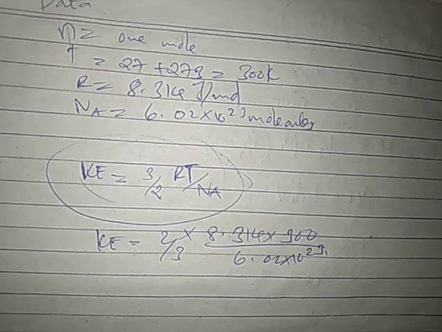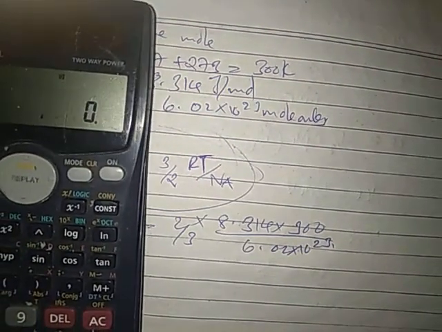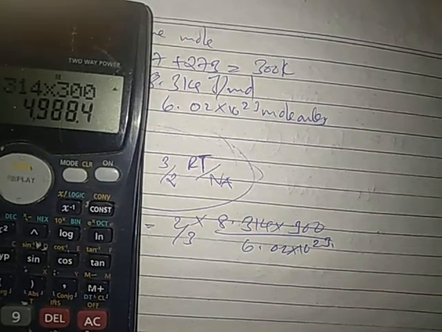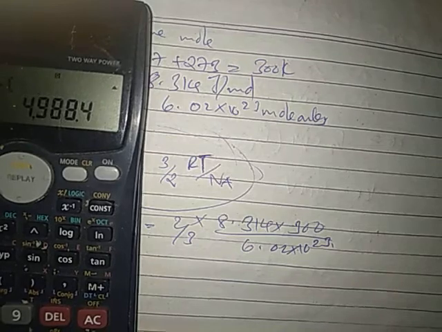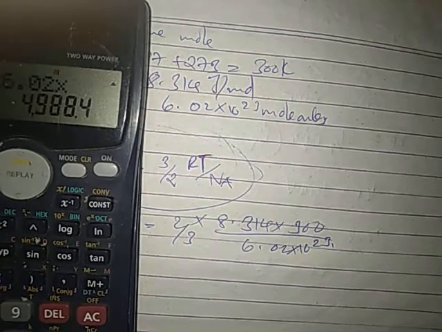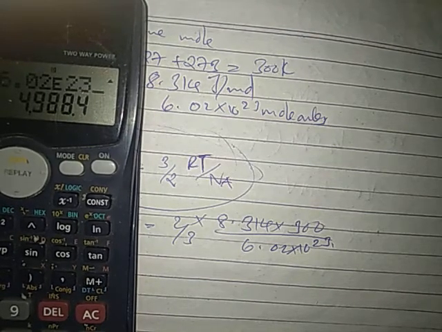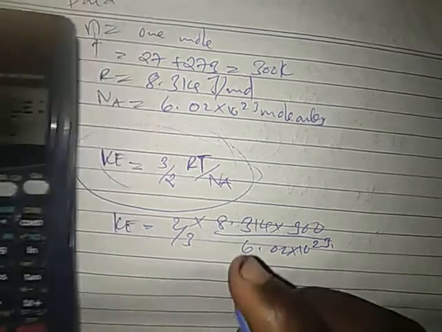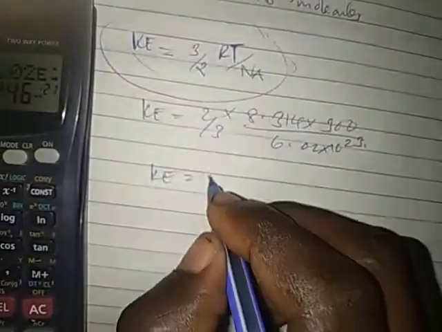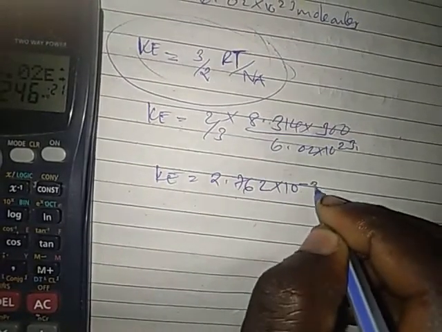Nikiangalia calculator hapa, nacompute ni 3 times 8.314 times 300, yaani kwa 2 times 6.02 exponent 23. Tutakuja kupata kinetic energy is equal to ngapi? Ni 2.762 times 10 power negative 21.